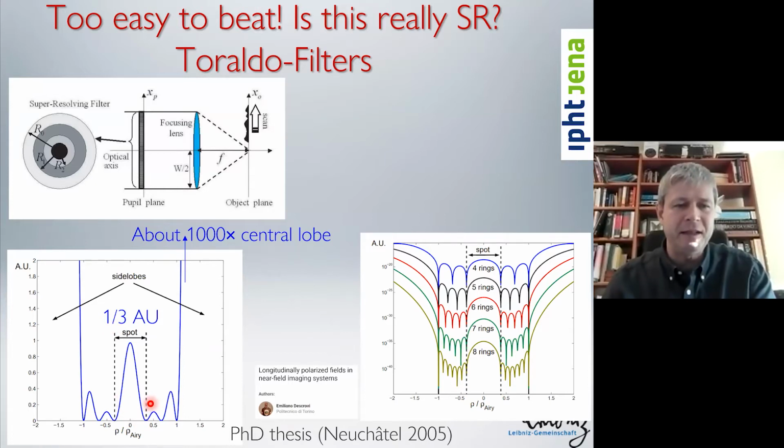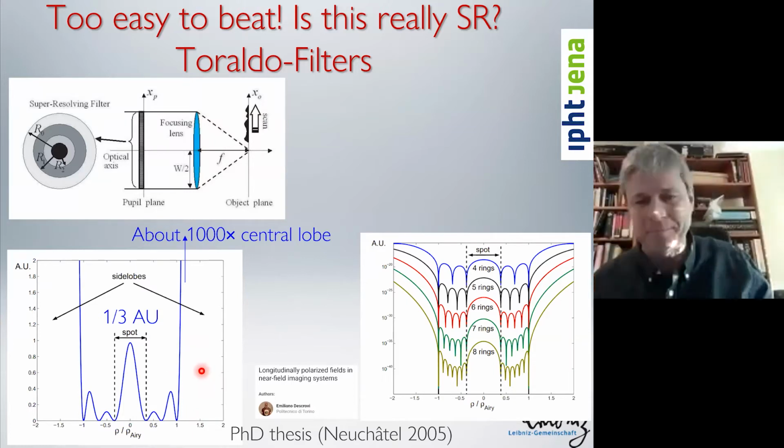And the expense that you pay for it is that the side lobes not only go as high as they were in my diffraction-limited point spread function, but actually in this case they go 1,000-fold higher than the central lobe. And you can drive this to the extreme, and he sort of proved that you can move these further sideways, and you can make this infinitely small if you just put in more rings. The problem is only that the side lobes become infinitely high.